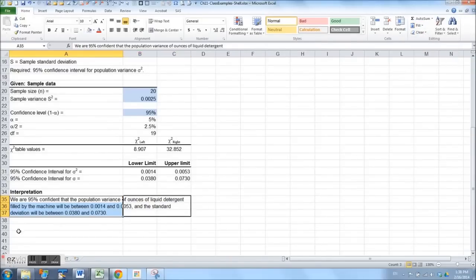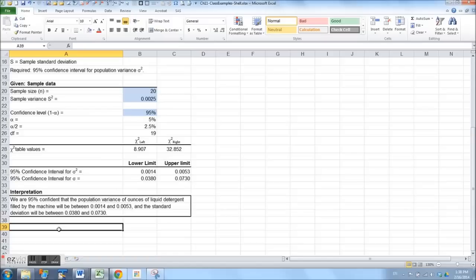Let's justify, and that's the confidence interval for variance or standard deviation.